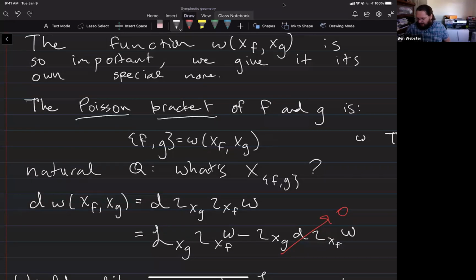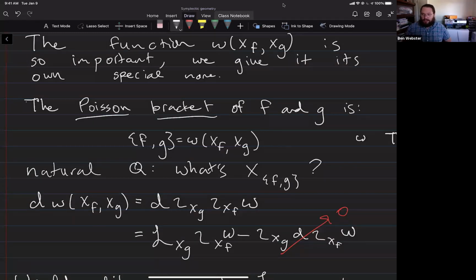I can rewrite this symplectic form of xf, xg as the exterior derivative of the contraction with xg of the contraction with xf of omega.